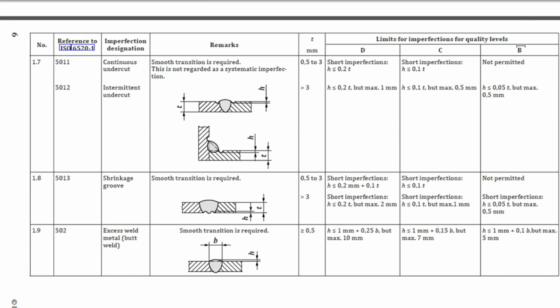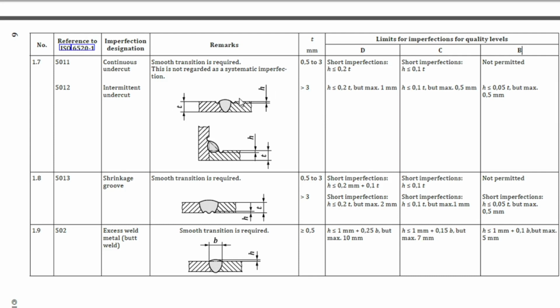For quality level C, a short imperfection can have height less than or equal to 0.1 t. For quality level D we follow a short imperfection with height less than or equal to 0.2 t. So from here we can easily understand that B is the highest requirement, C is the medium, and D is normal compared to B and C.